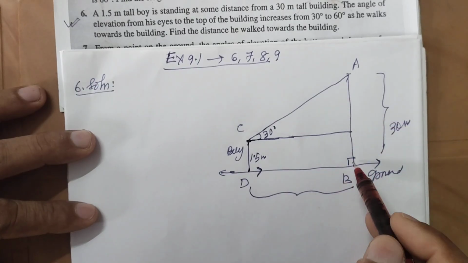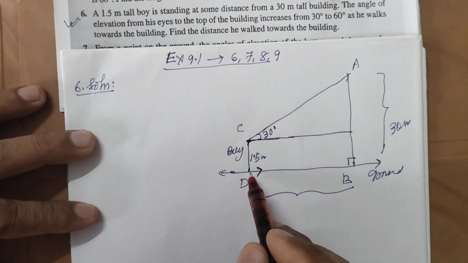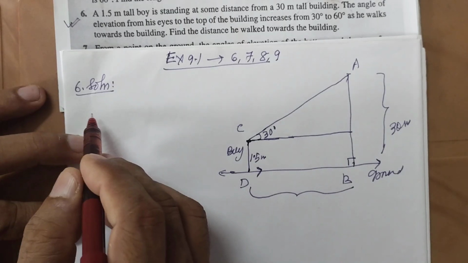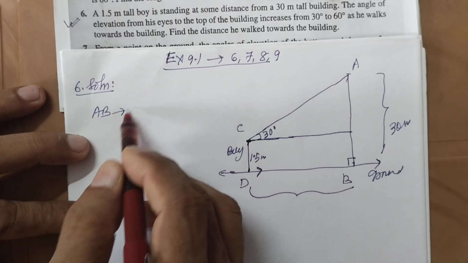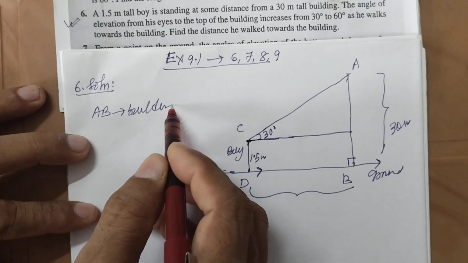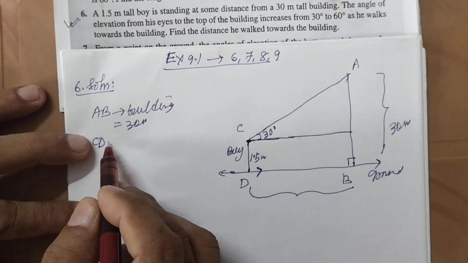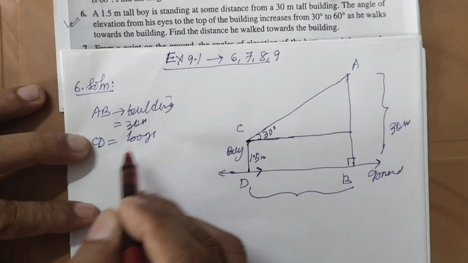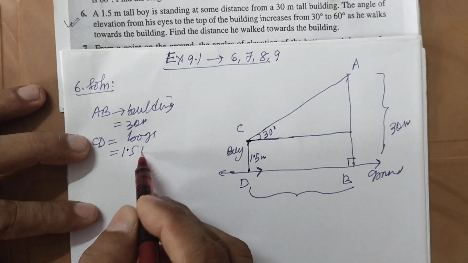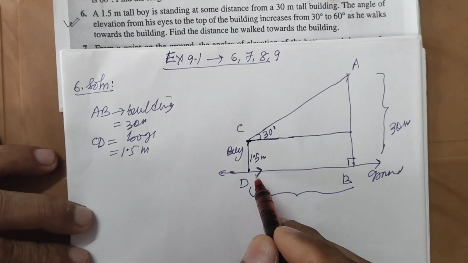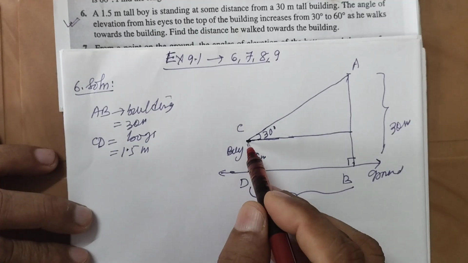So you will first mention here AB is the building, which is 30 meter tall, and CD is the boy, which is 1.5 meter tall. The boy is walking towards the building.